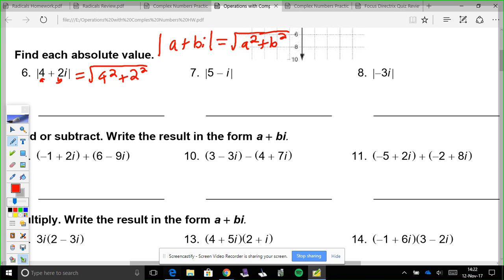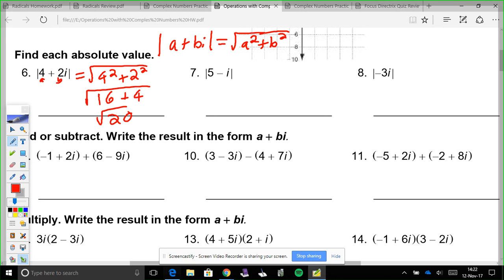Notice it's not 2i squared, okay? It's just the b number, just the number 2 here is squared, not 2i. And you just square them and then add them together. So this would be the square root of 16 plus 4, because 4 squared is 16, 2 squared is 4, which is the square root of 20. And I'll let you guys simplify it, but make sure you simplify that answer.